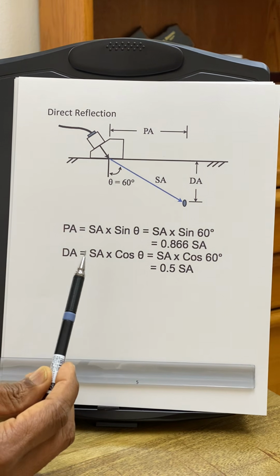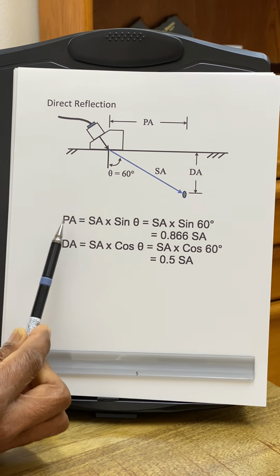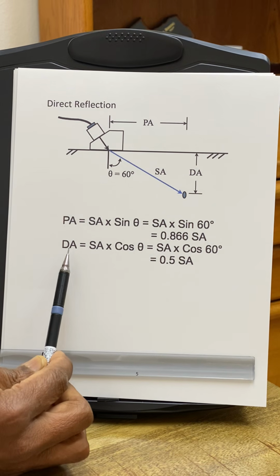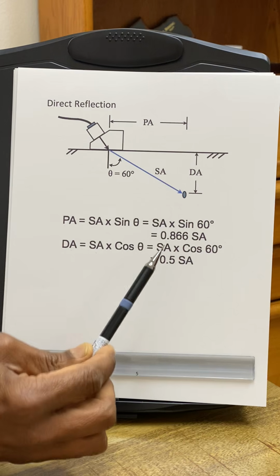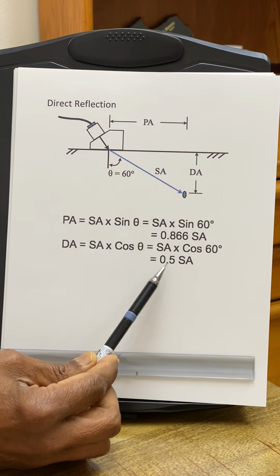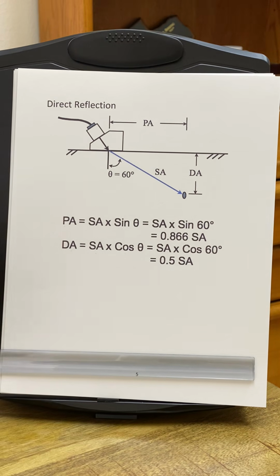These calculations are done by simple trigonometry: PA equals the sound path SA times the sine of the angle, and the depth DA equals the sound path SA times the cosine of the refracted angle, and for 60 degrees this is going to be half, 0.5 of SA.